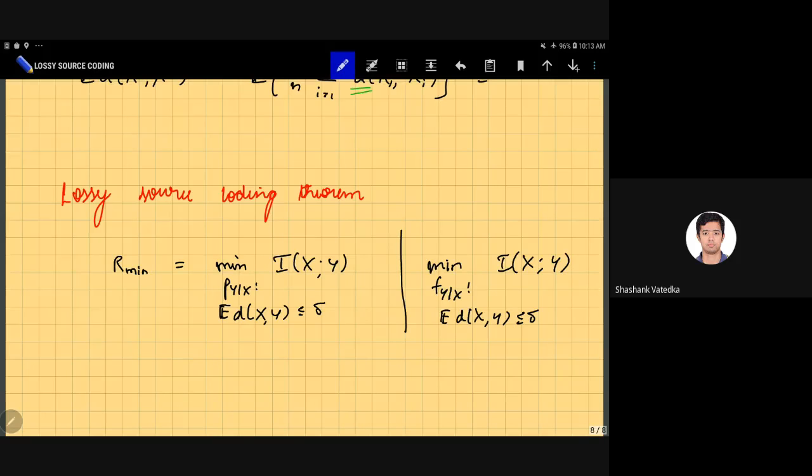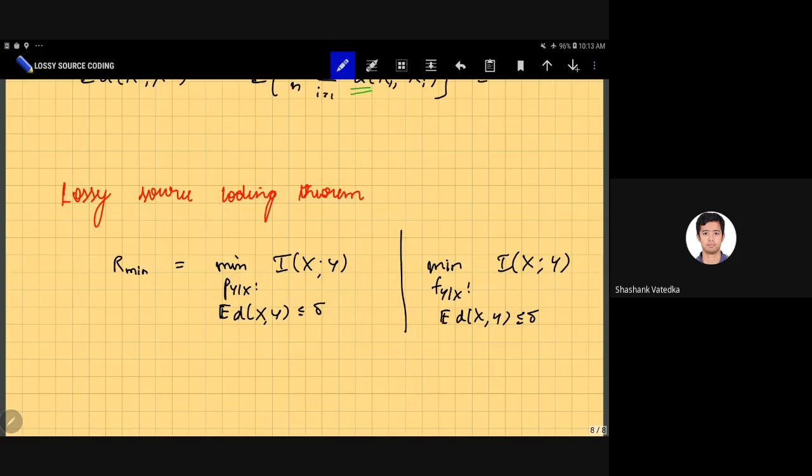So at the face of it, this looks like a rather surprising result because we didn't have this y at all in the problem. But now we're somehow introducing this new quantity y, and the minimum rate of compression is given by this quantity.